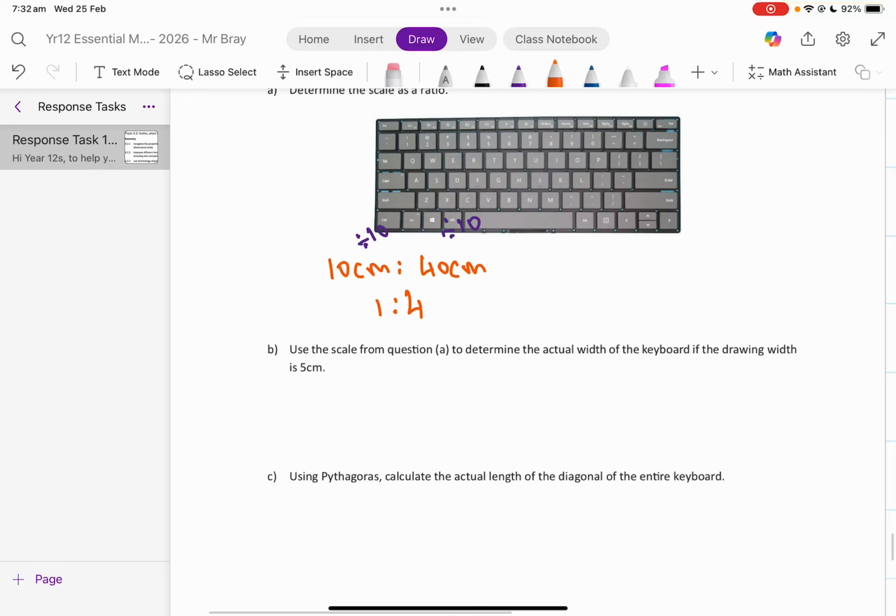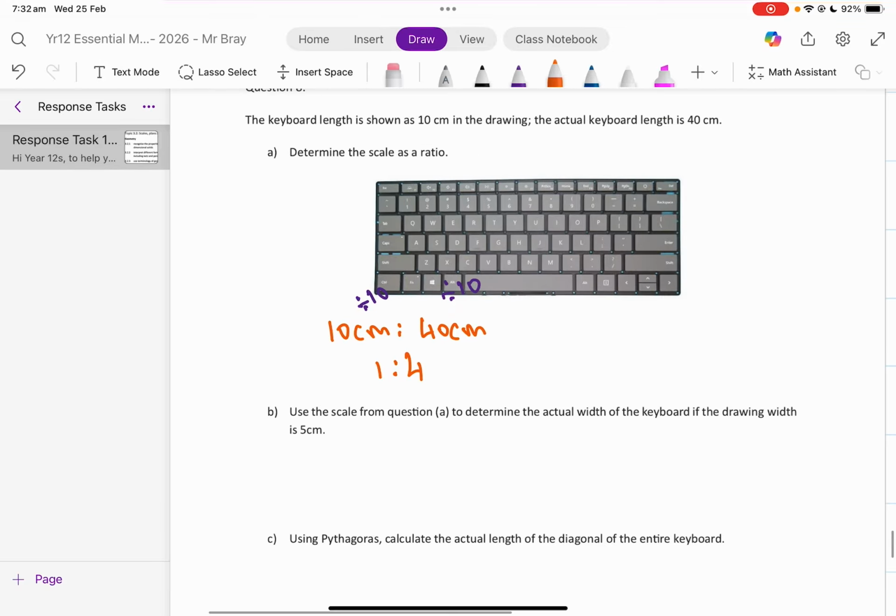Using the scale from part A, determine the actual width of the keyboard if the drawing width is 5 centimeters. So before, what we'll probably find is that they were referring to this length here as 10 centimeters, and now they're calling this bit here 5 centimeters, and we're saying if that's what it is on the drawing, what's it going to be in real life?